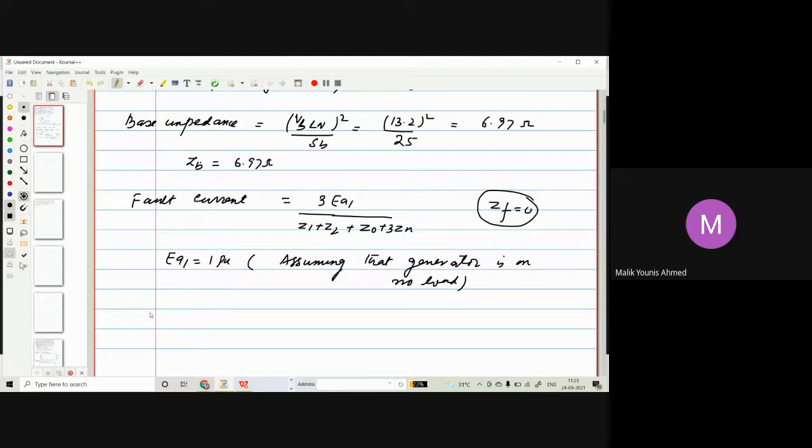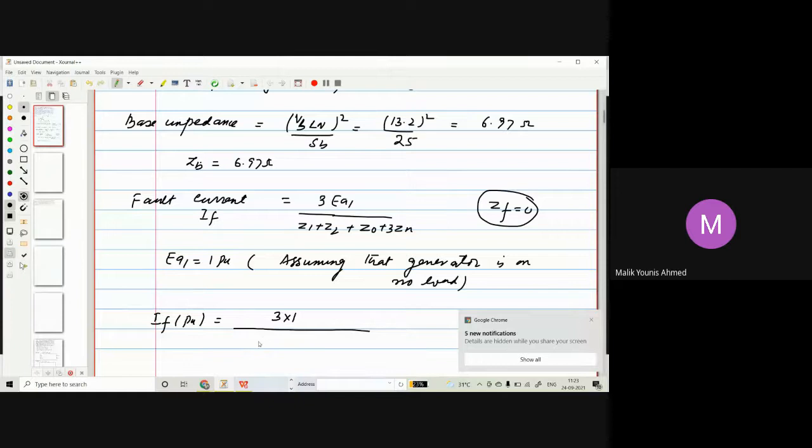So the fault current IF in per unit will be equal to 3 into 1 divided by j0.3 plus j0.4 plus j0.05 plus j3Zn. This 3Zn we do not know. That's what we have to find here.